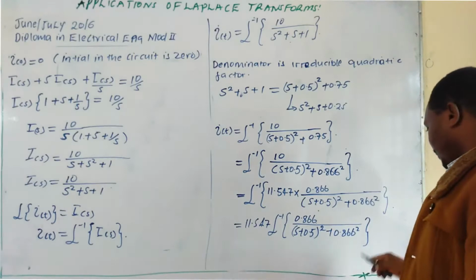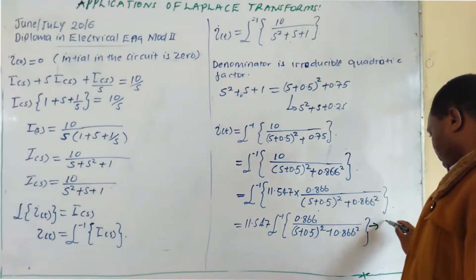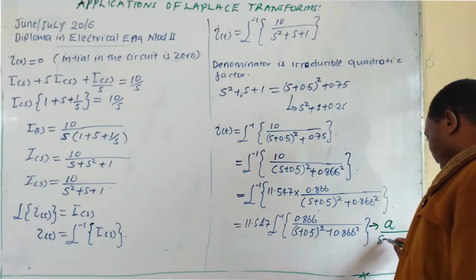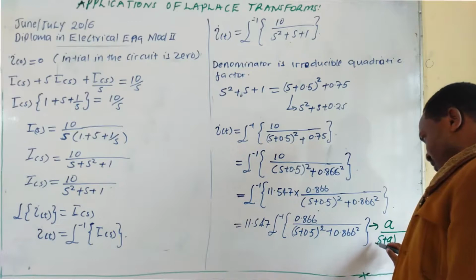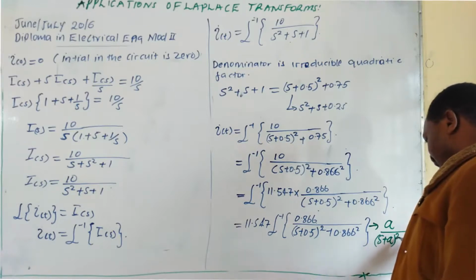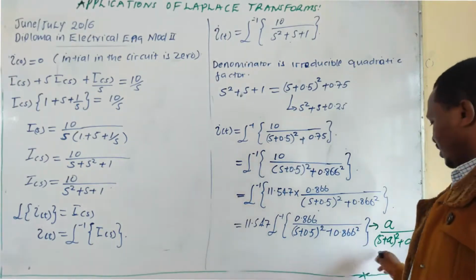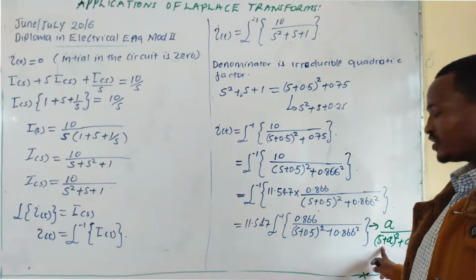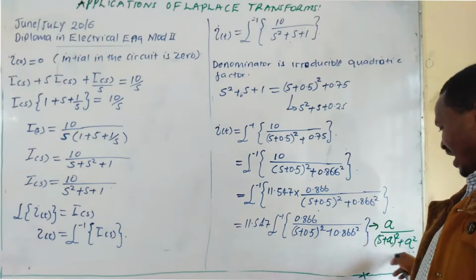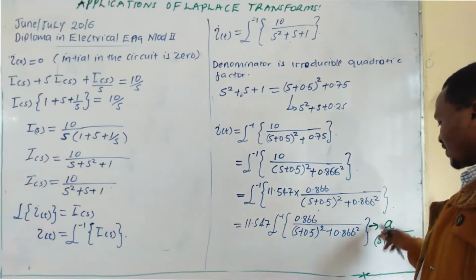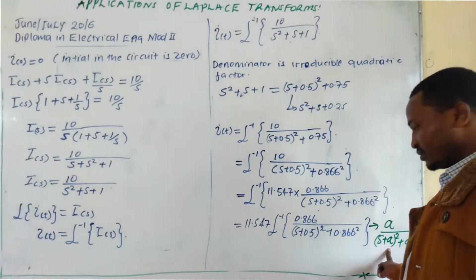This takes the form a over (s plus a) squared plus a squared. So obviously here we have application of the shift theorem, and the entire function is the Laplace transform of the sine function.